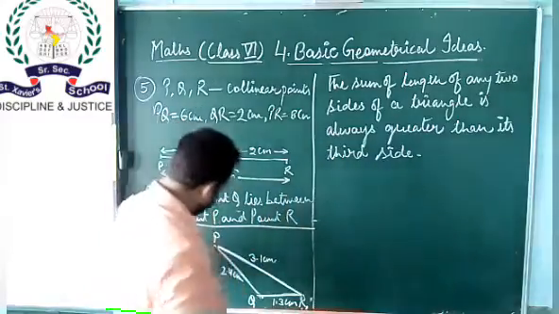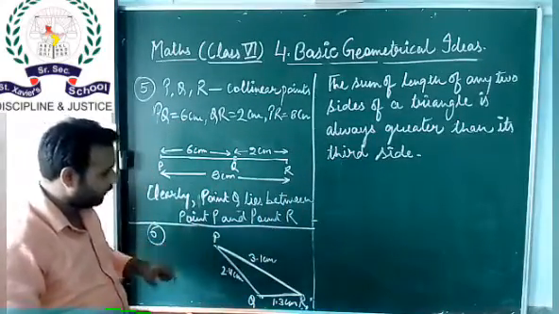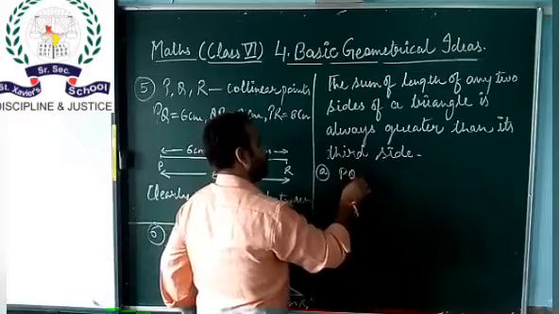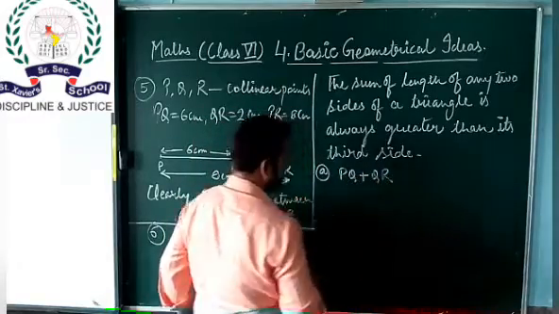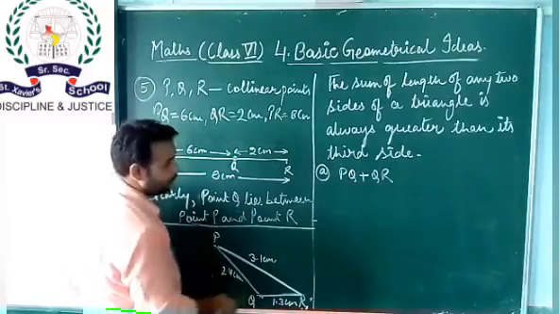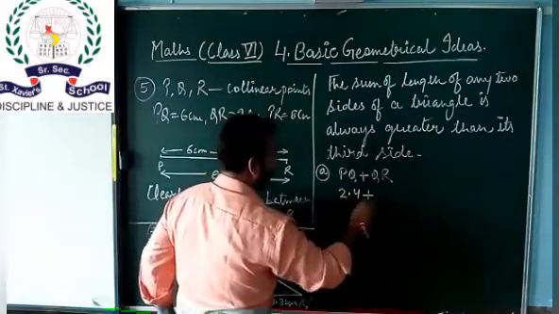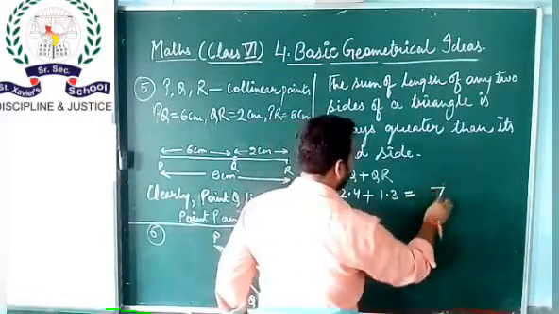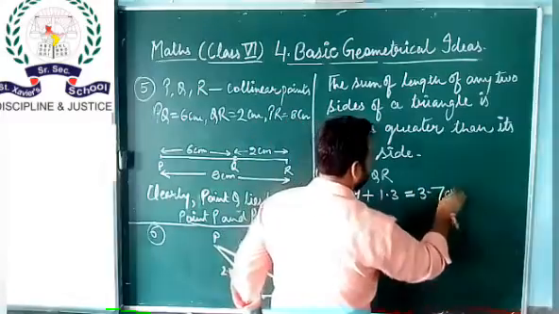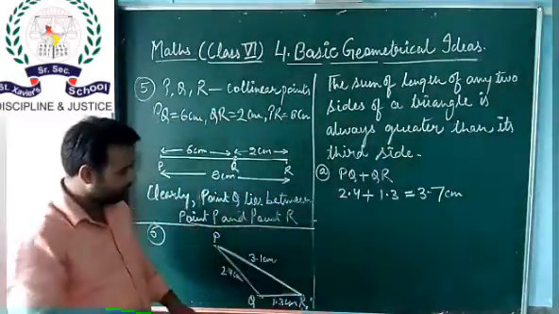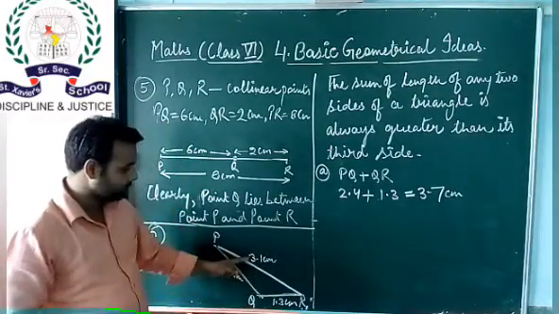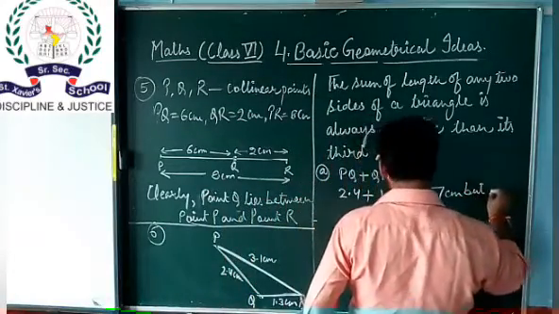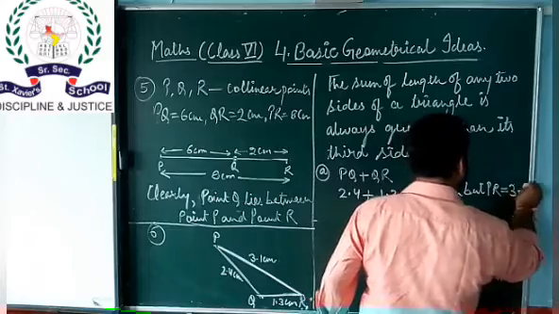First we start from PQ and QR. PQ plus QR: write the length of PQ 2.4 centimeter plus 1.3 centimeter, which equals 3.7 centimeter, and this is greater than the third side, PR, which is 3.1.